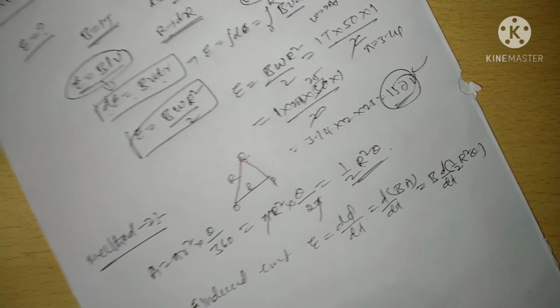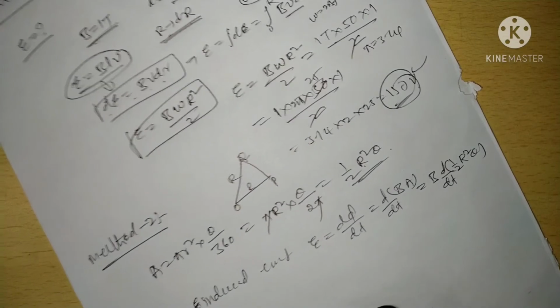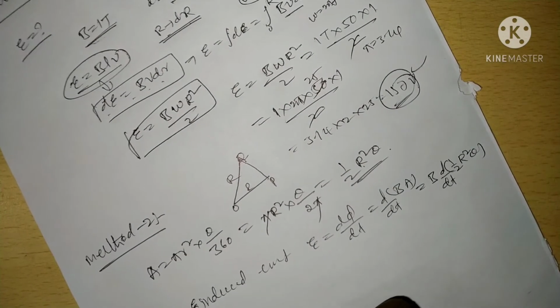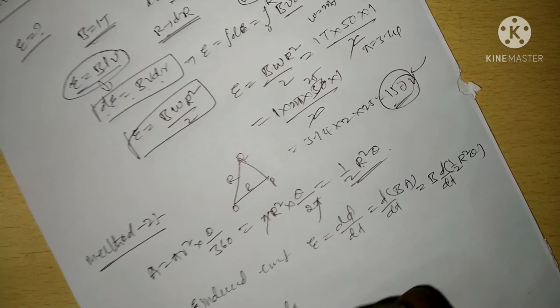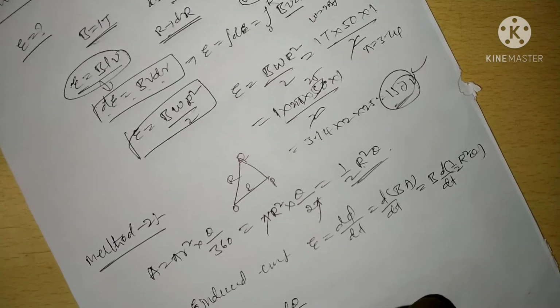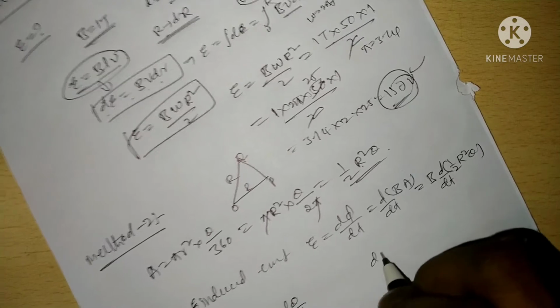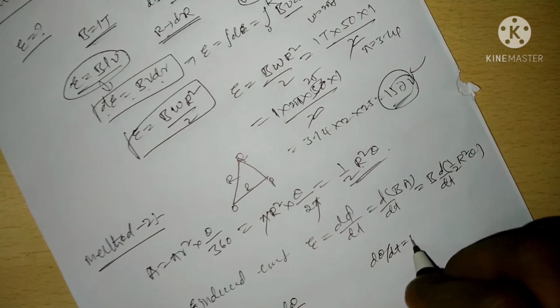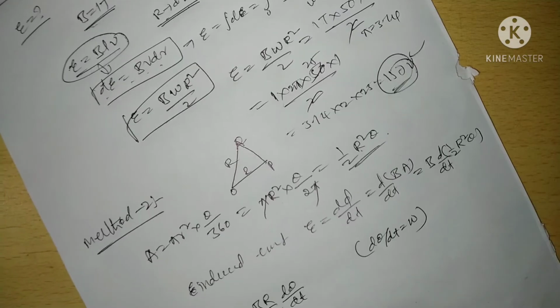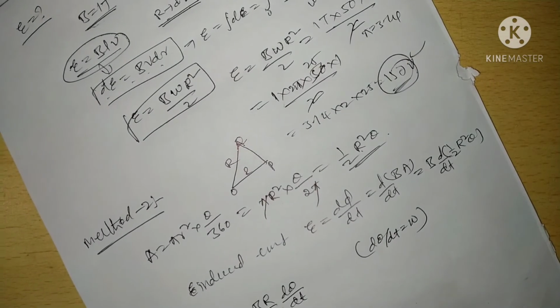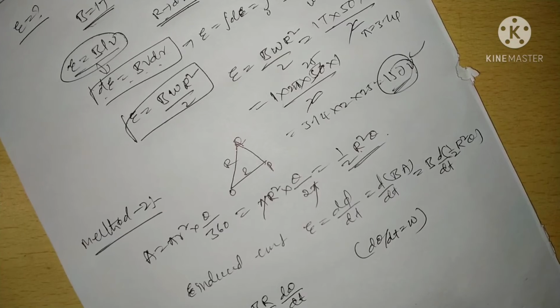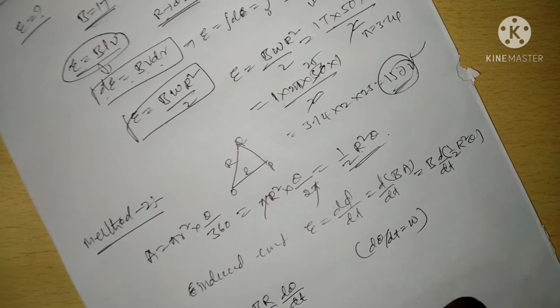It can be written as E equal to B r square by 2 d theta by dt. D theta by dt is the angular velocity omega. Induced EMF is equal to B r square by 2 into omega.